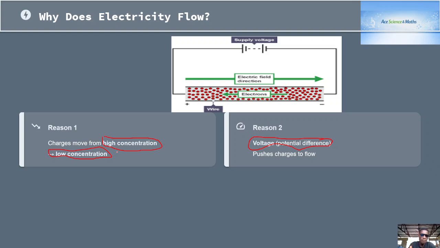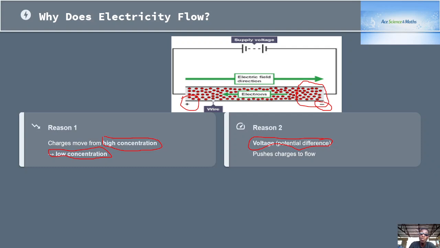So electrons move from areas of many electrons, okay, this negative side, where the electrons are very high, which is negatively charged. So it has to move to the area with few electrons, which is positively charged. And as it goes there, the concentration reduces.